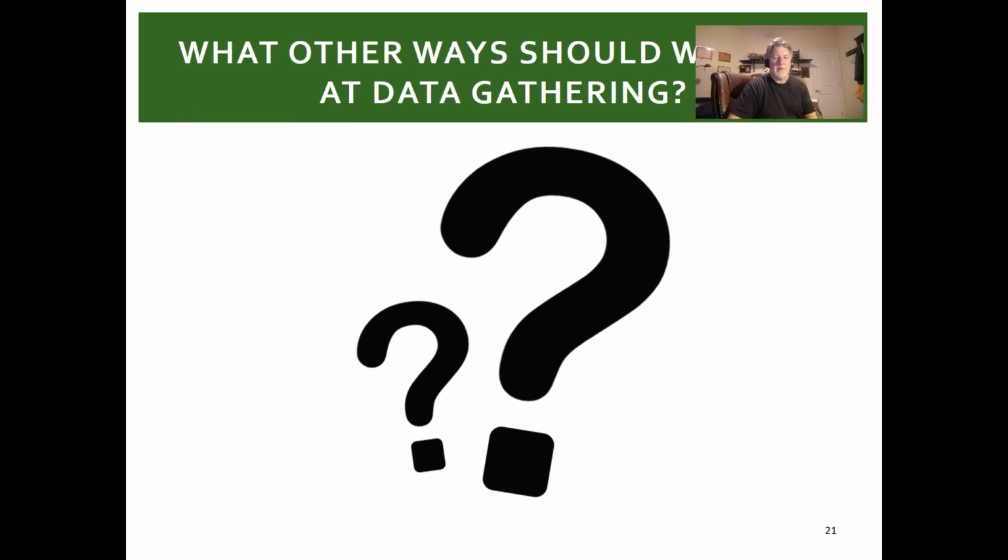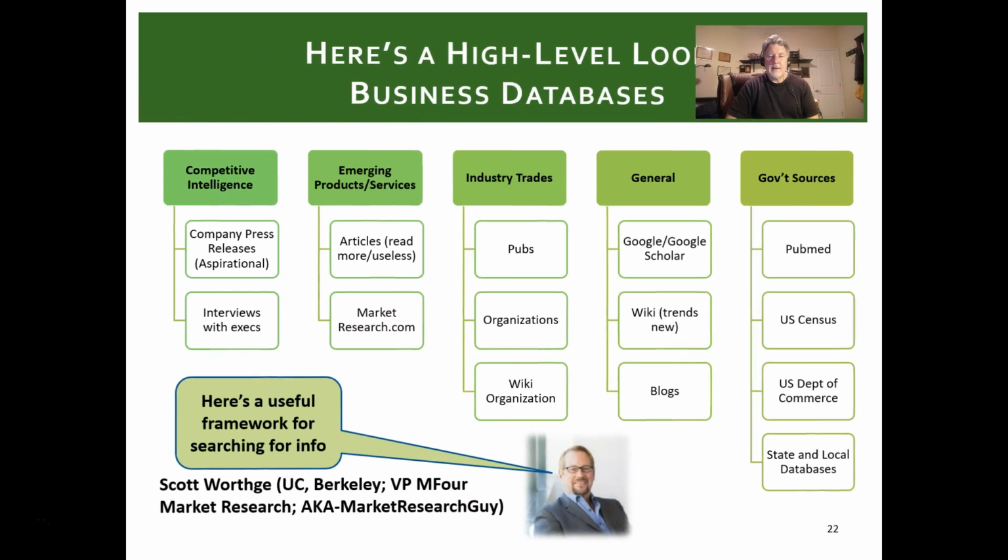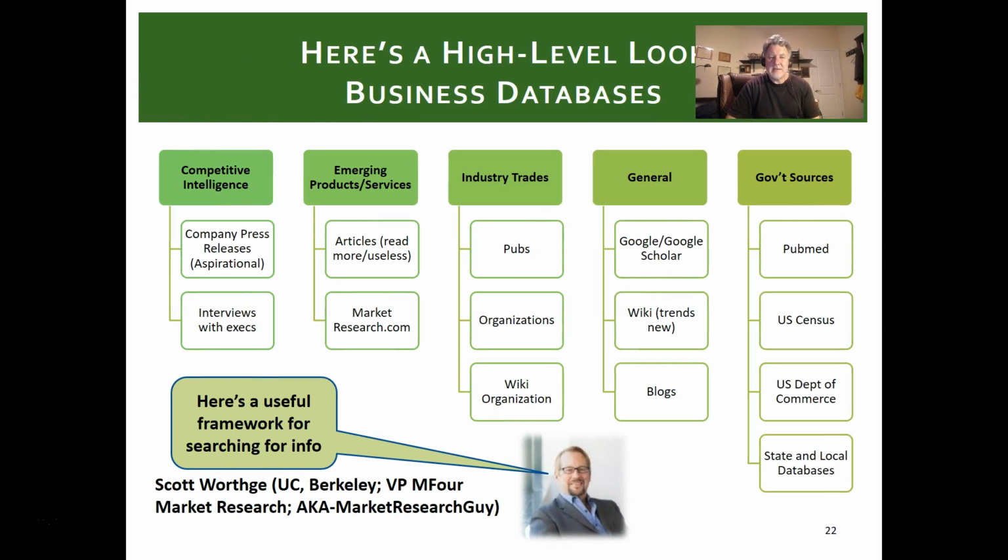So, what other ways should we look at data gathering? All right. Now, this is a very, very busy slide, but I want to give you a high-level look at various business databases, and this is from my colleague Scott Worthage, who is the Vice President at M4 Market Research and a professor at UC Berkeley, also known as a market research guy. And he sort of puts databases in 5 buckets.